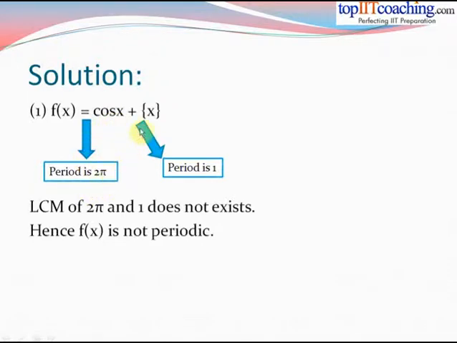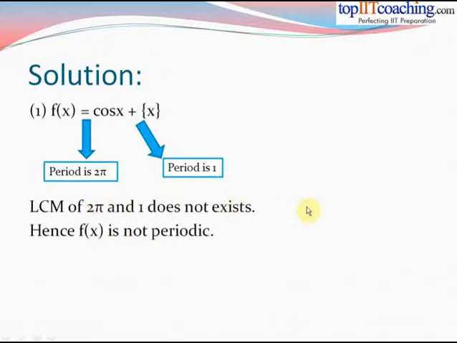Also, the period of fractional part of x is 1, but 2π is an irrational number and 1 is a rational number. So it's impossible to find the LCM of an irrational number and a rational number. So we can say that f(x) is not periodic, as we cannot find the LCM of 2π and 1.